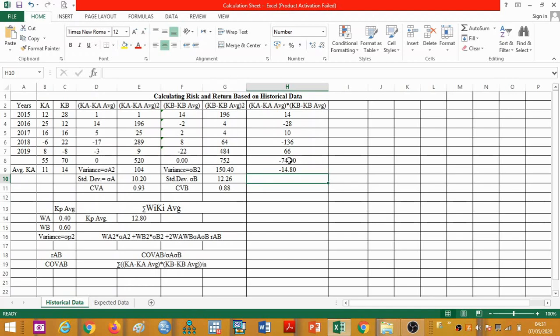From this, we can now calculate the correlation between these two securities.